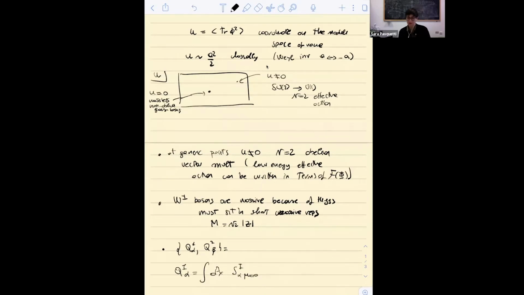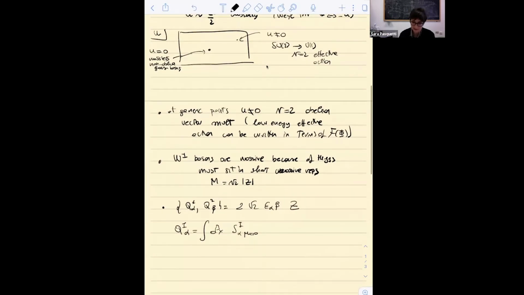So you integrate the time component of the supercurrent. You write down your action, you do the Noether variation, you write down your Noether current in terms of the elementary fields. This gives you the supercharge, and then you can calculate the anticommutator, and this gives you an expression for the central charge in terms of the elementary fields.